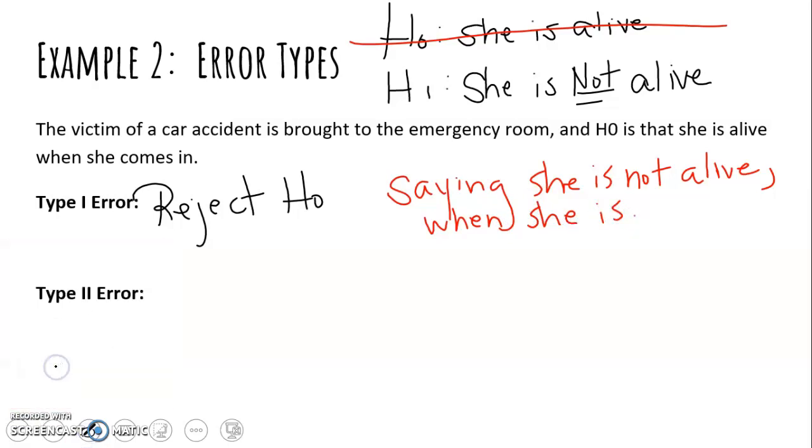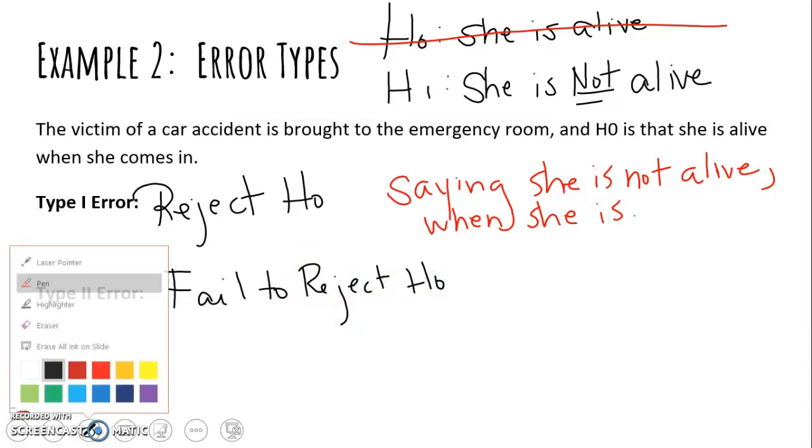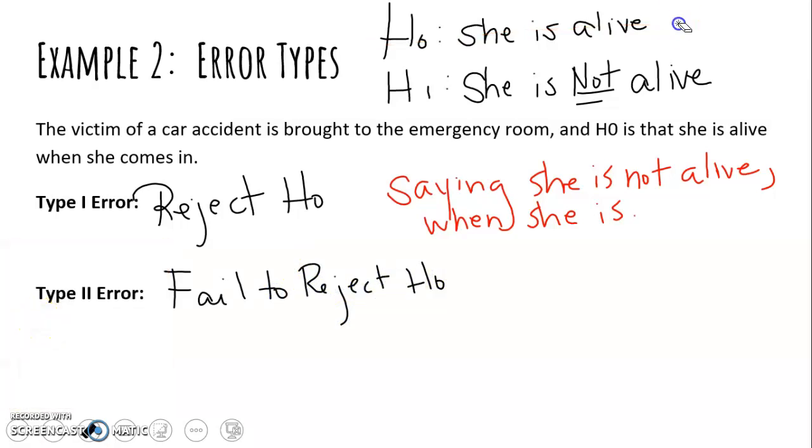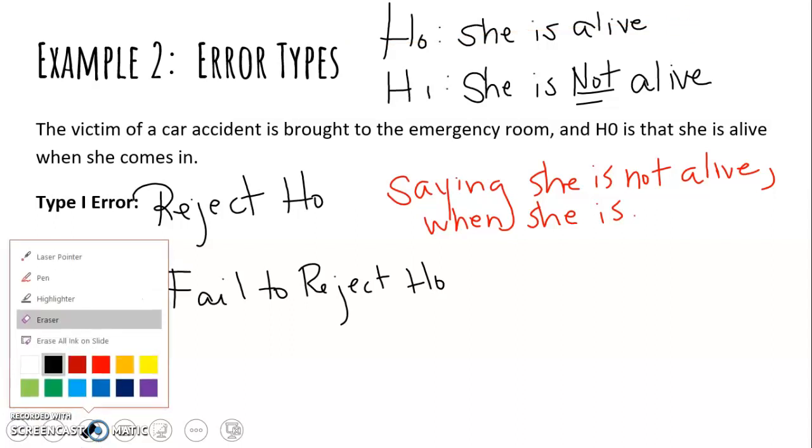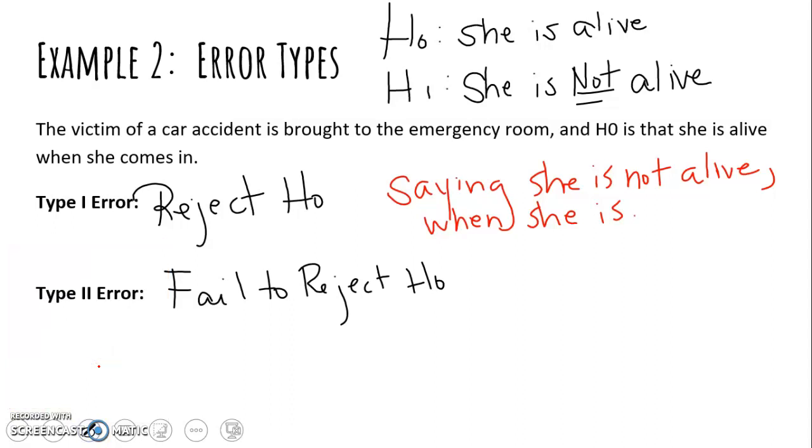For a type 2, if you fail to reject the null, that's a type 2 error, always, when you fail to reject the null by mistake. So if we fail to reject the null, that means we can't reject saying she's alive, so we're saying we don't have enough evidence to say that she's not alive.